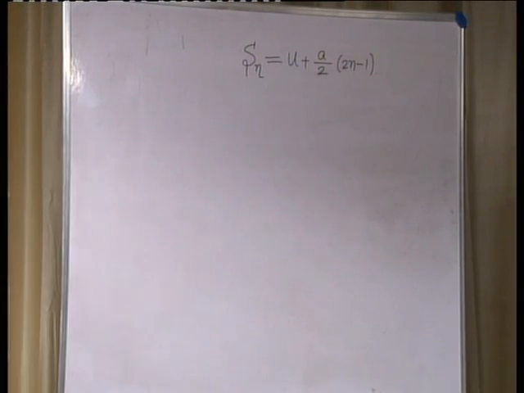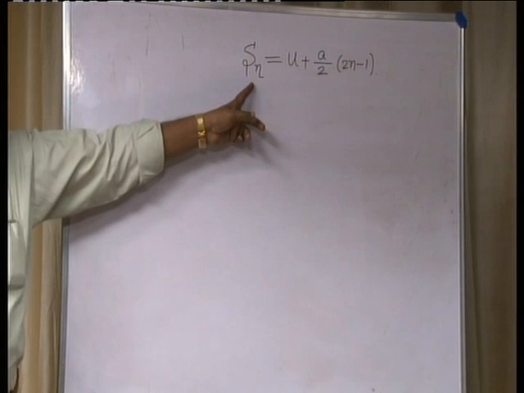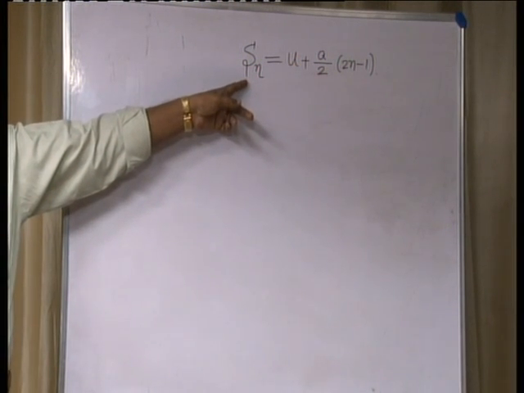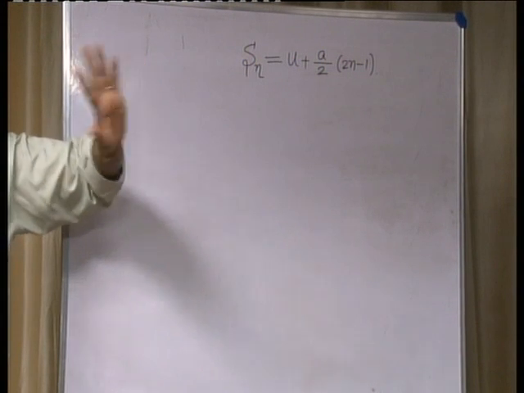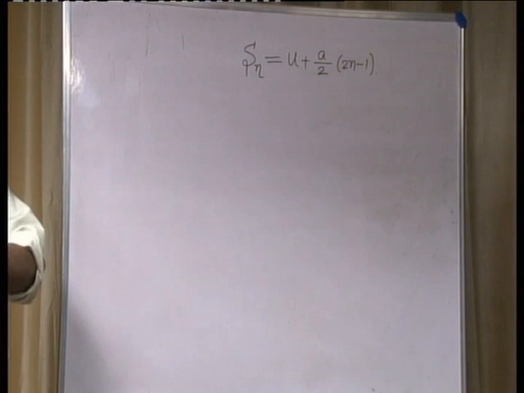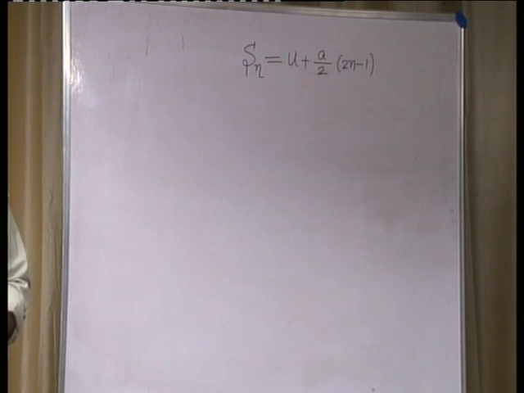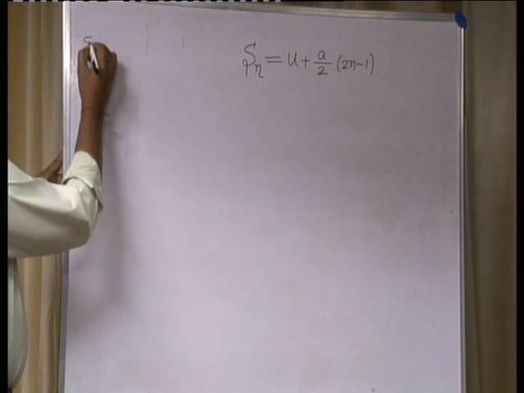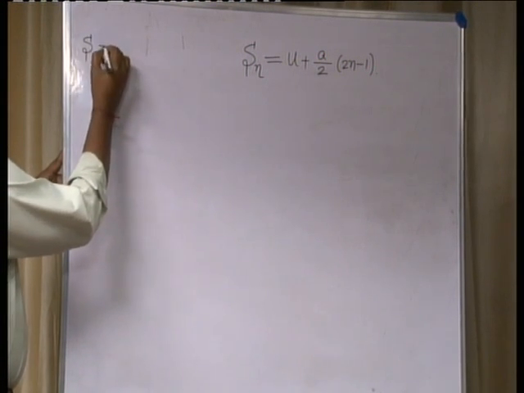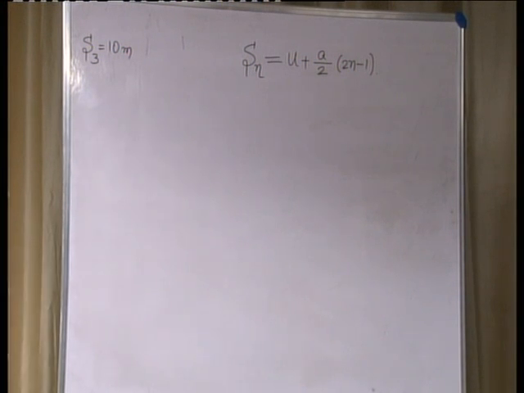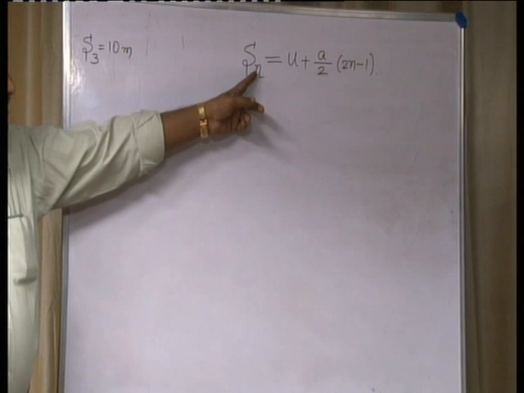Here S suffix n indicates the distance travelled by a body during the nth second of its motion. He says that 10 meter is the distance described by a body during the third second of its motion, which means S3 is equal to 10 meter. In this equation replace n by 3.